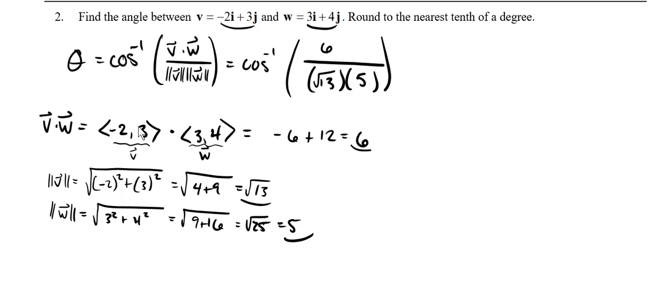We're told to round to the nearest tenth of a degree. 6 divided by 5 square root of 13. Be careful with parentheses here. I get 70.6 degrees roughly.